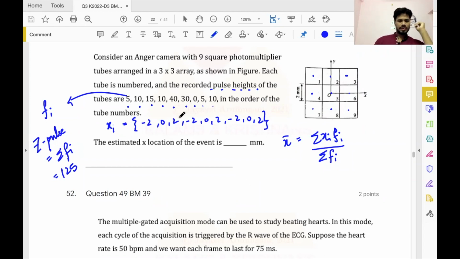For this problem it's a simple formula, but the number you are expecting is somewhere in this window: 5, 10, 15, 10, 40, 30, 0, 5, 10. So the answer is somewhere within this window, 0.64 points.